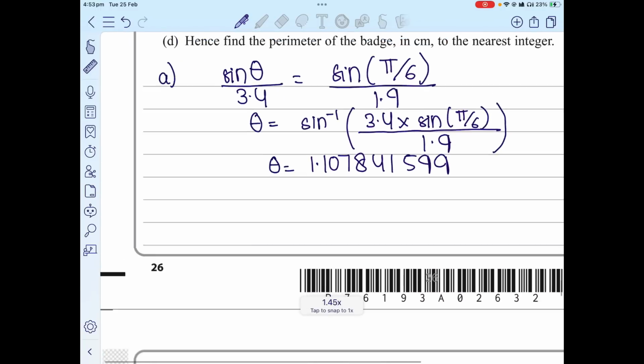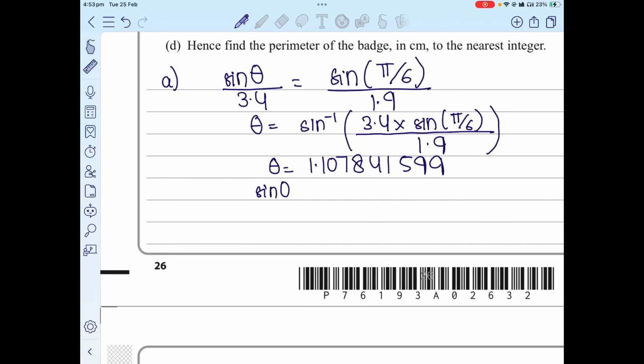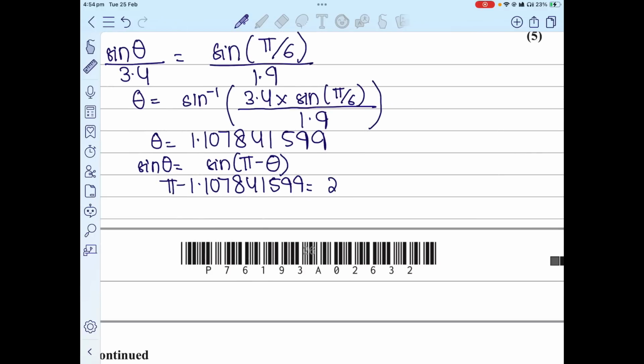So now how do I find this? Remember that sine theta is the same as sine of pi minus theta. So if I wanted to find the alternative value, I would do pi minus 1.107841599, which equates to 2.03375105.